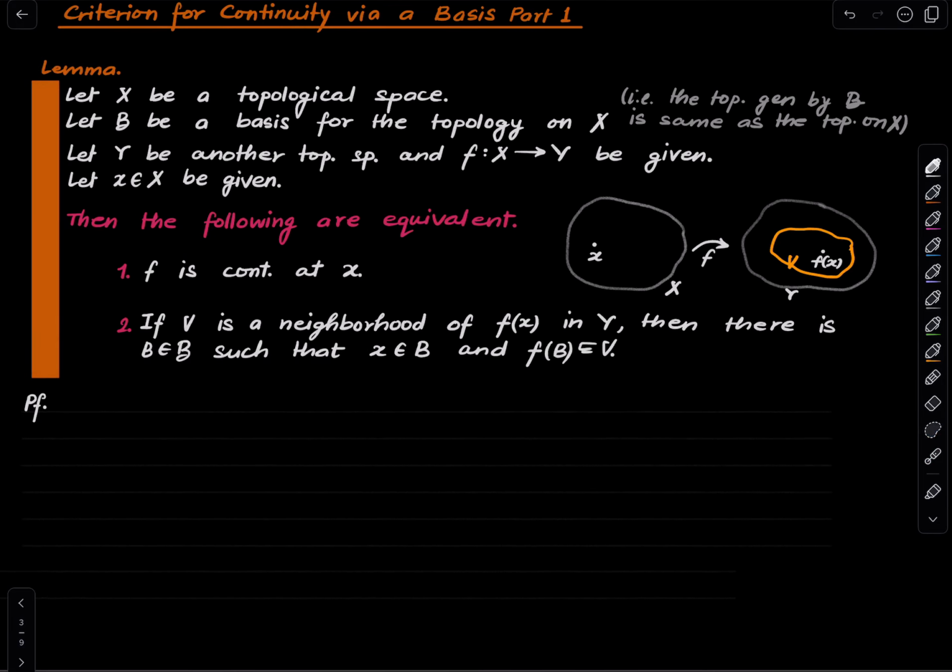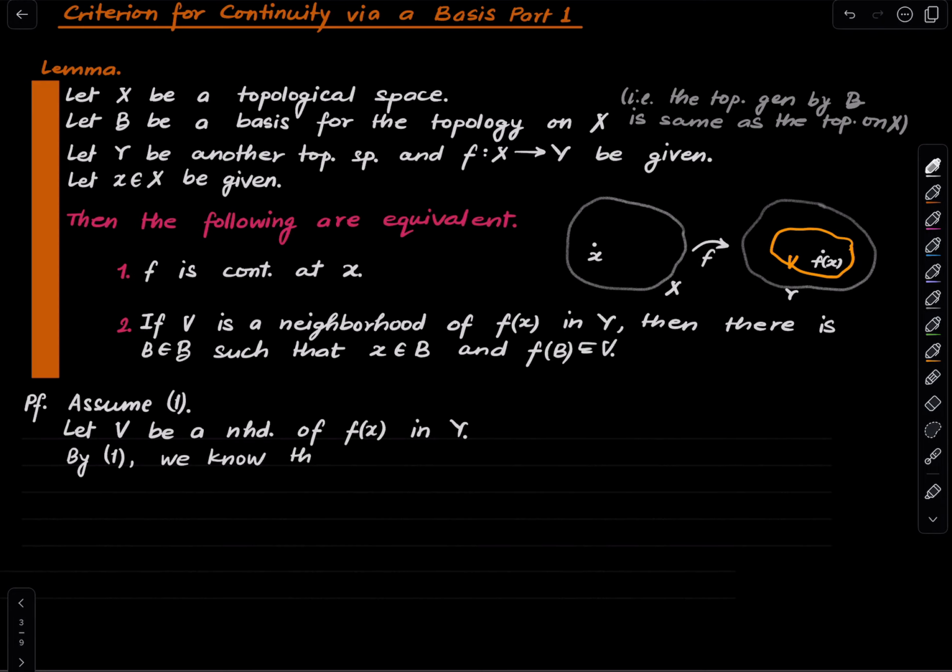Okay. So, assume 1. We want to prove 2. To do that, let V be a neighborhood of Fx in Y, and we want to show the existence of a B. Now, by continuity of F at X, we know that there is a neighborhood U of X in capital X such that F of U is inside V, right?